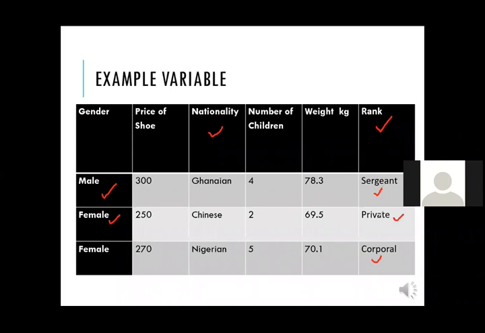So there is an order, and you can't go and refer to a sergeant as a private officer. So it's very important we take note of that. Under qualitative variables, we have ones where the data are ordered and others where data is not ordered.